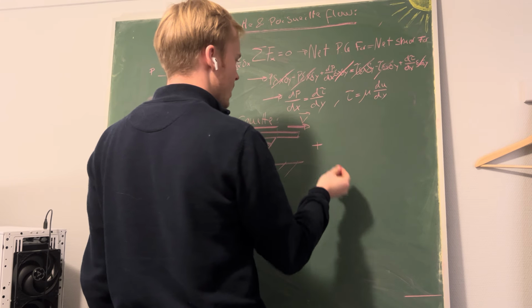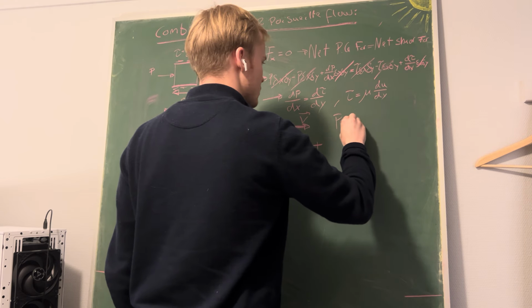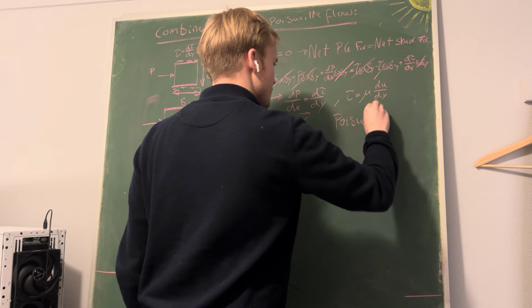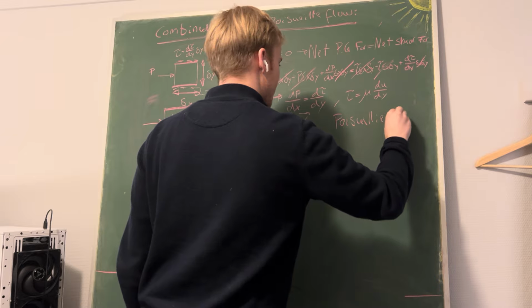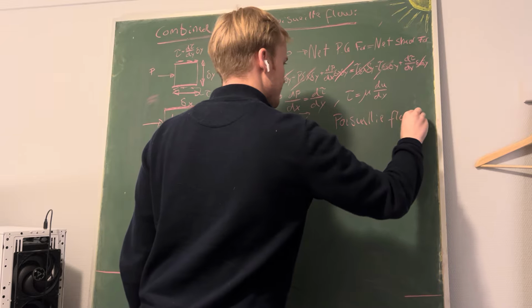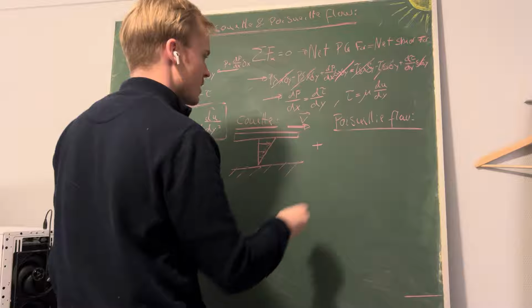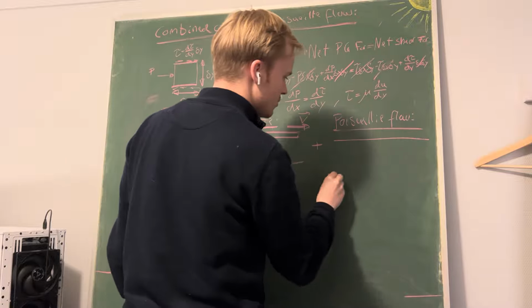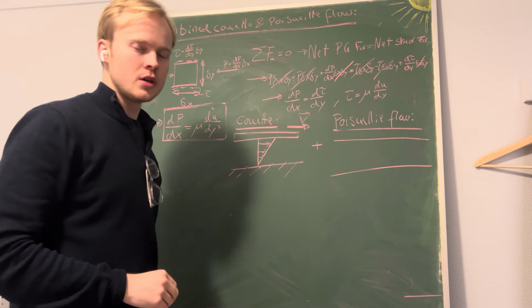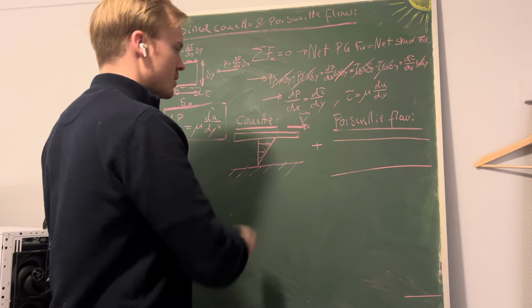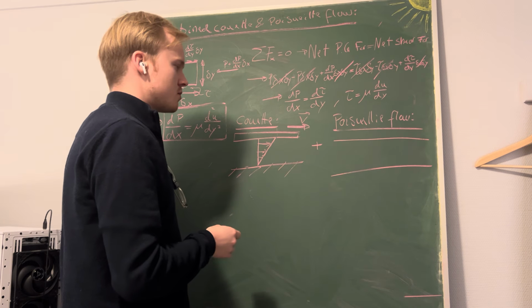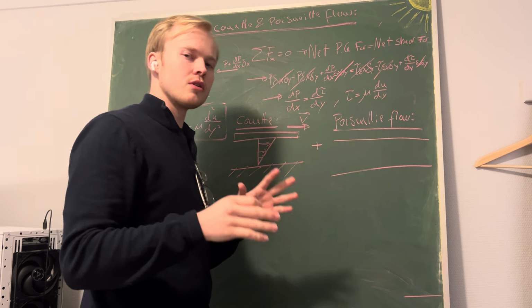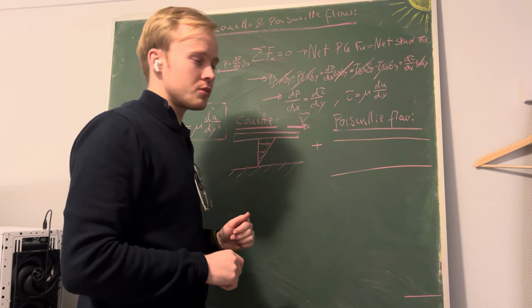And then we have Poiseuille flow. This was a flow, typically a flow inside a pipe. Remember that all of these flows are laminar, so they are happening at relatively low Reynolds numbers.